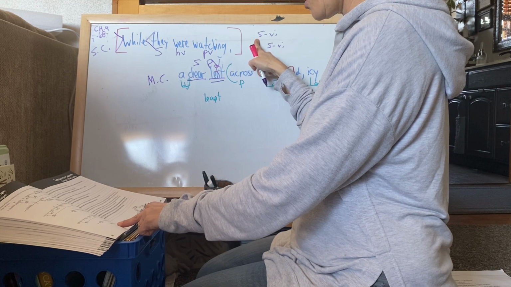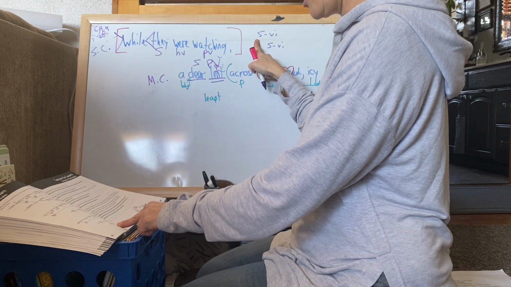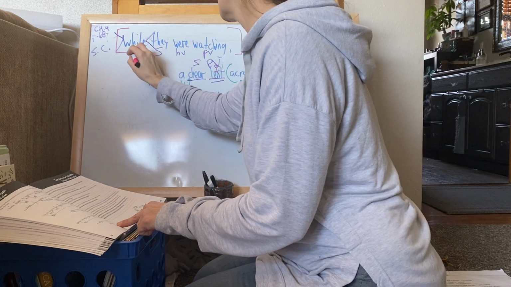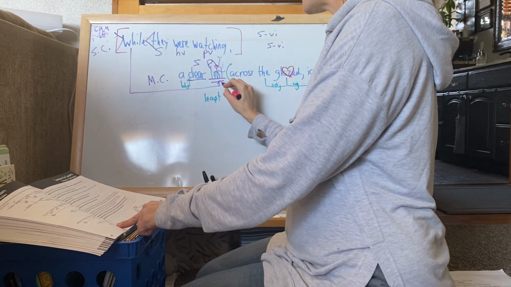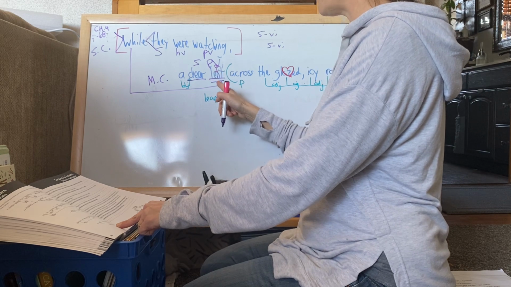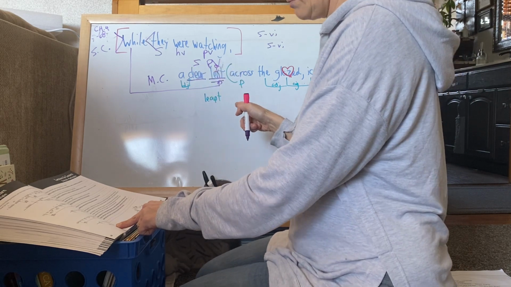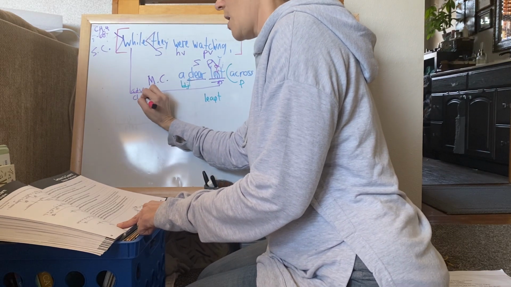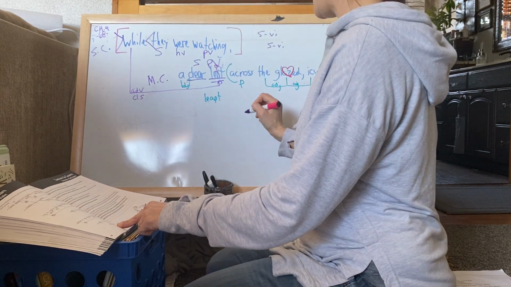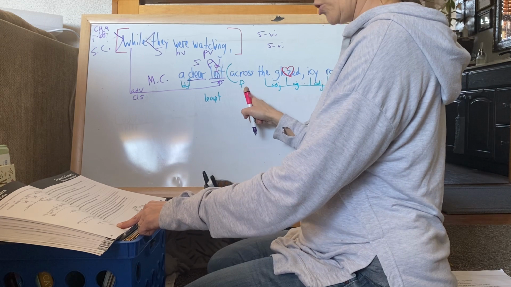While is an adverbial clause and it's telling when were they doing the leaping? While they were watching, that's when they leapt. When did they leap? While they were watching. Okay, so this is the adverbial clause here. Adverbial prepositional phrase.